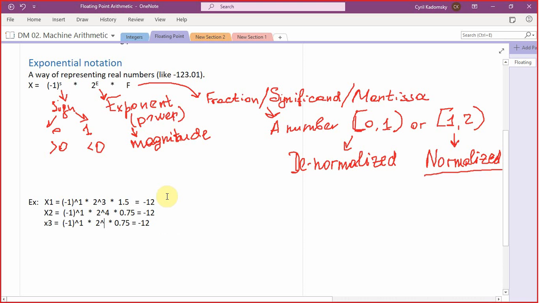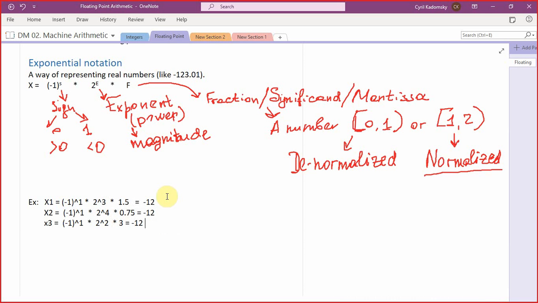For example, the power will be 2 and the fraction will be 3, and the result would be the same. Actually, what we do, we change the power and we change the fraction respectively, and obtain the same value.